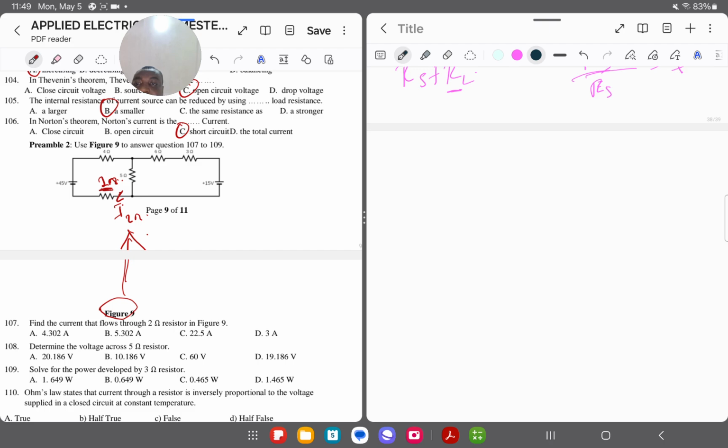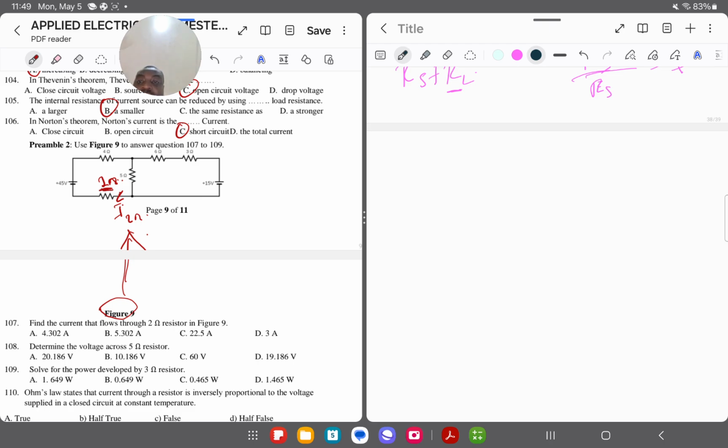So looking at this question, the other past question, we were being forced to use superposition theorem, right? So if you understood that superposition, you can use it for this, right? Then beside superposition theorem, you can use other methods.